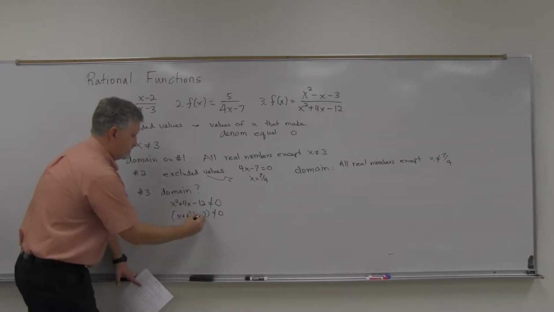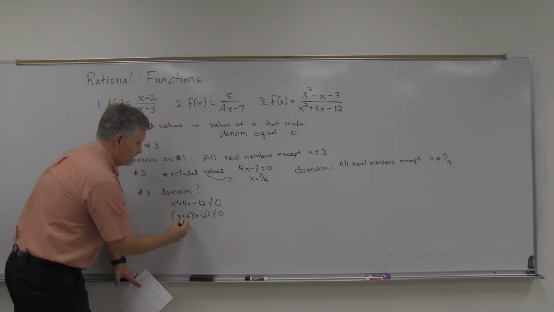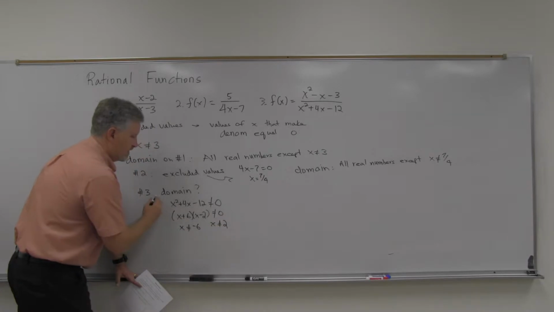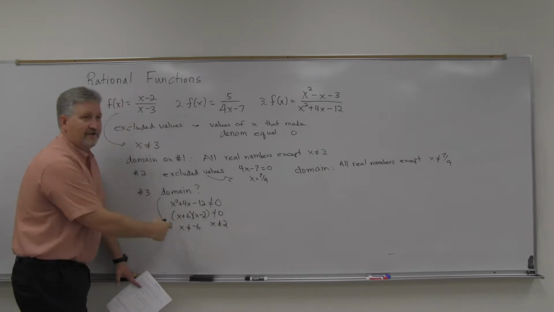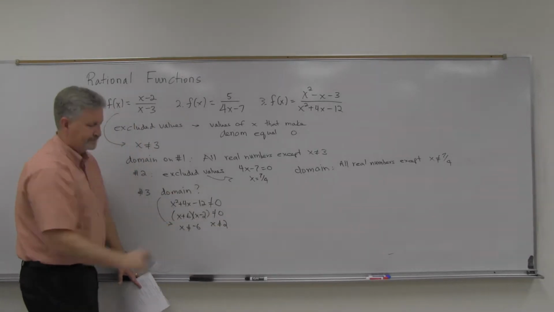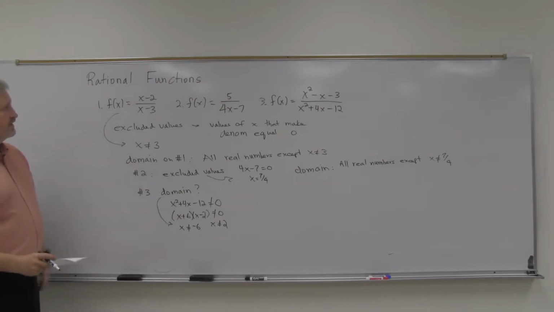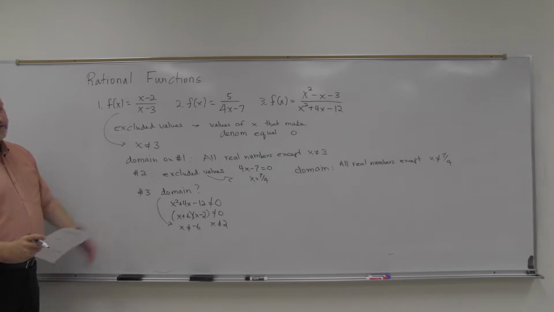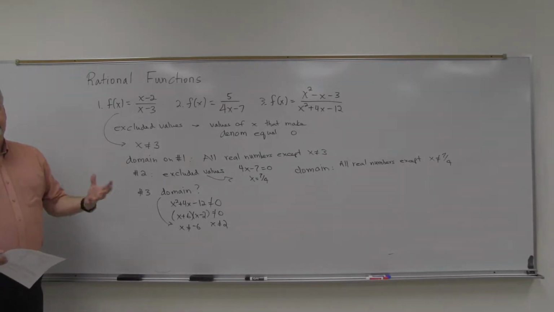So it'd be plus 6 and minus 2, so x could not be negative 6, and that would be positive 2. And so my domain is everything except those. So if it asks for a domain on these rational functions, that's what we're looking at, just setting the denominator equal to 0 and excluding those.